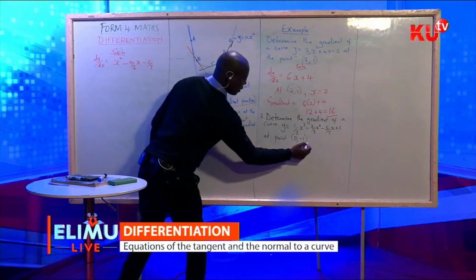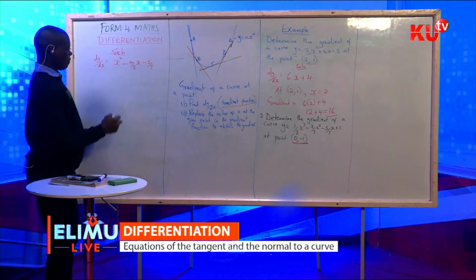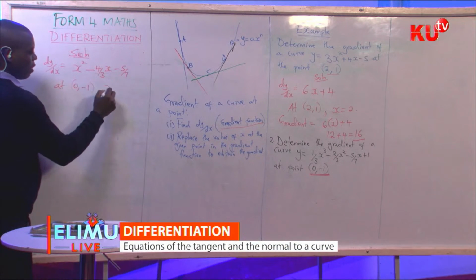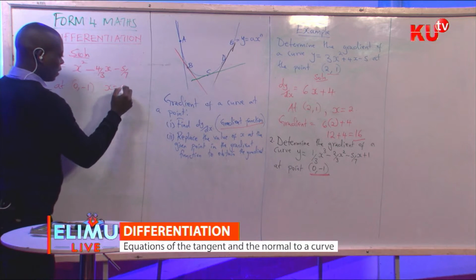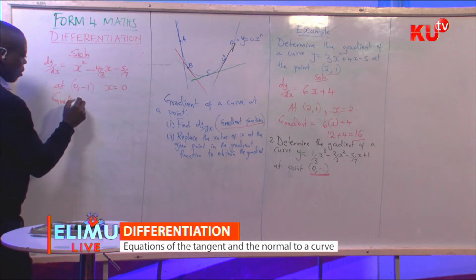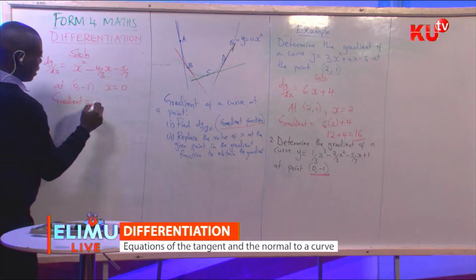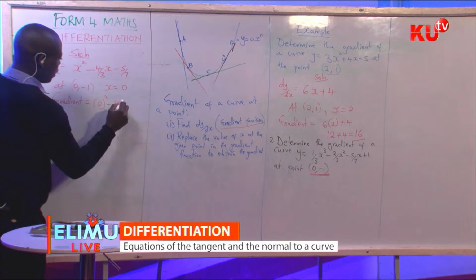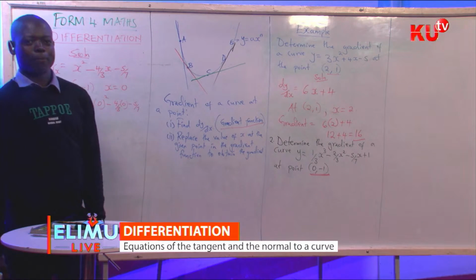The question is specific. At the point 0, negative 1. What is the value of x at this point? Good. The value of x is 0. So our gradient will then be equal to, we replace in this gradient function, 0 squared less 4 over 3 into 0 less 5 over 7.